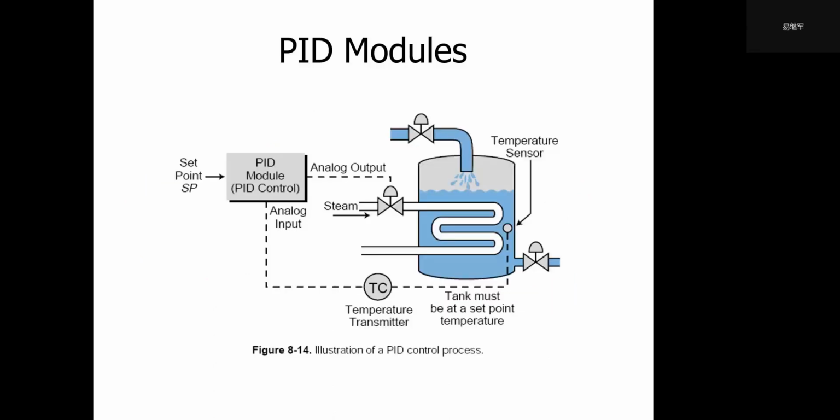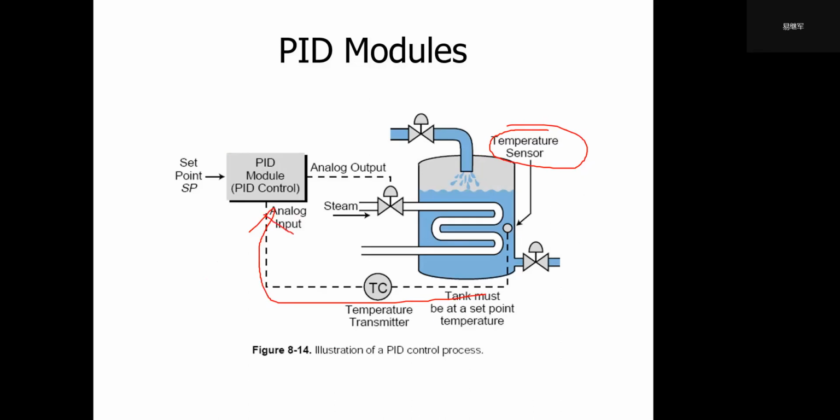This is an illustration of the PID control process. The temperature sensor senses the temperature and gives it to the PID module.